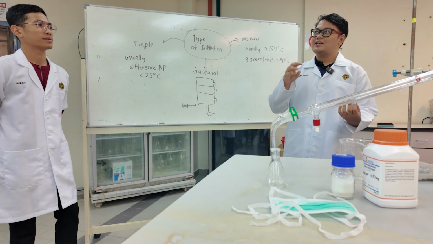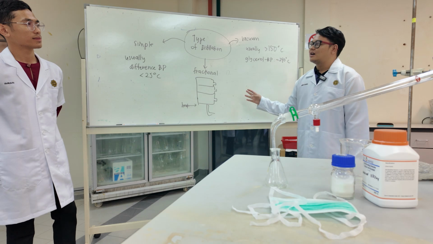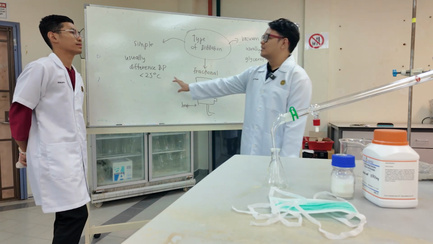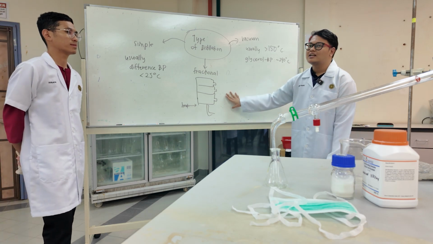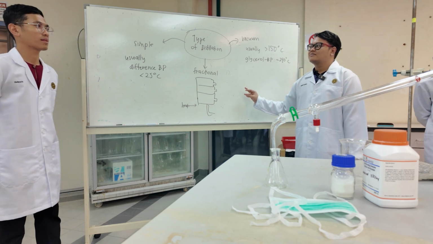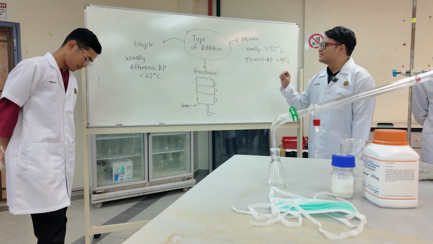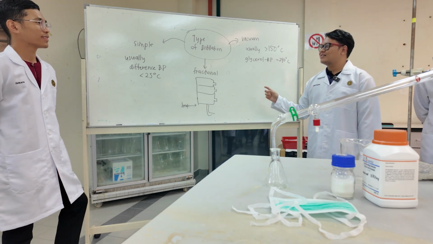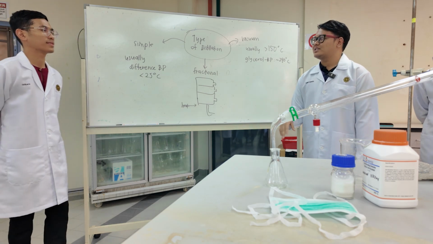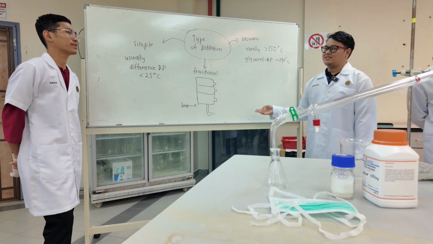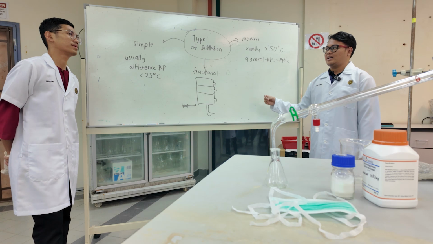If we want to separate liquids, we use simple distillation or fractional distillation. Distillation plays a very crucial role as a separation technique in every sector, such as for crude oil or water and other examples.